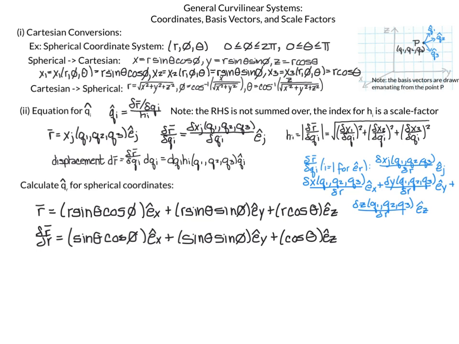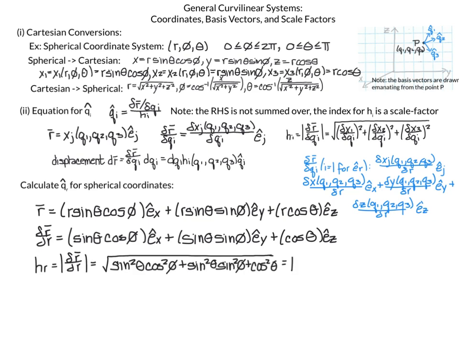And then the last thing I need to compute is my h of i, which is our scaling factor, which is simply the length or the magnitude of our dr dq sub i. So in this case, our h is the magnitude of this last vector here that we computed.